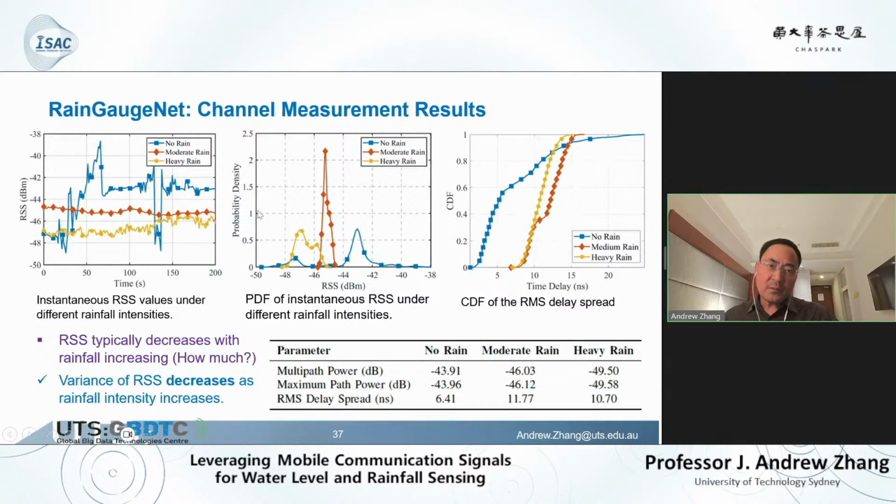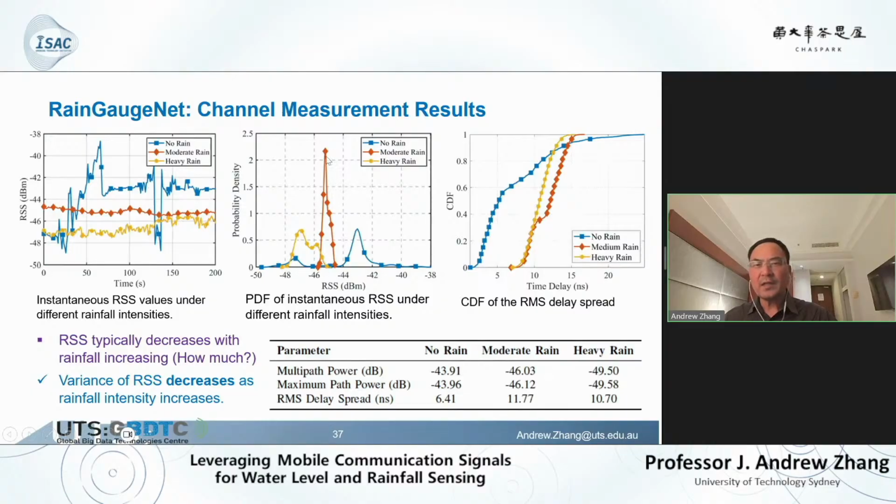When they do some statistical analysis for the datasets, they show that although there is a small overlap between the PDFs for different rainfall intensity, overall they show a good boundary between the different PDFs as well, right?